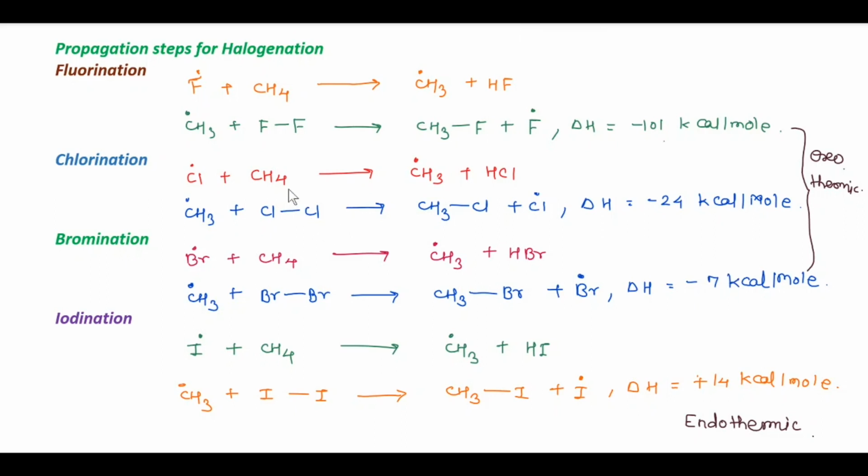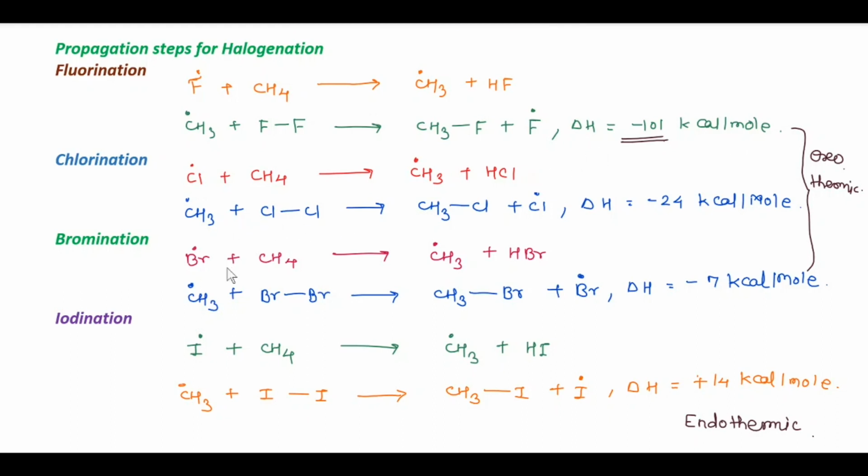In the propagation step of fluorination, chlorination and bromination, fluorination releases more heat during the reaction, that is delta H is minus 101 kilocalorie per mole. So many times this reaction is avoided.